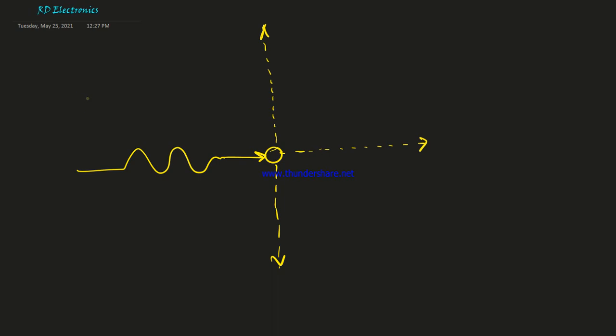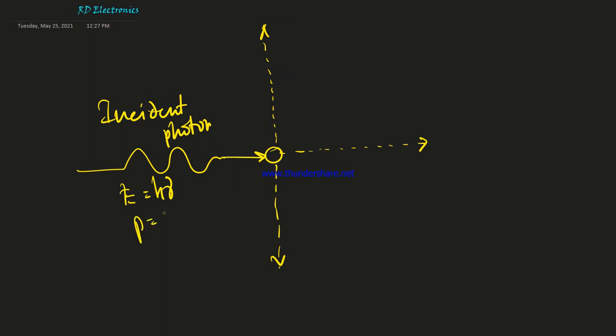This is the incident photon direction, and its energy equals h nu and momentum P equals h nu by c. And here, when it hits the molybdenum, the electron is at rest, therefore its energy equals m0 c square, but its momentum equals 0.